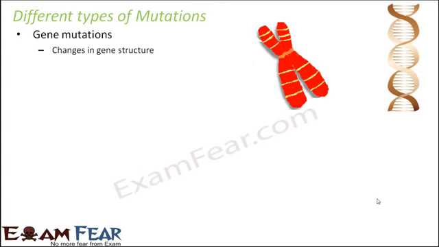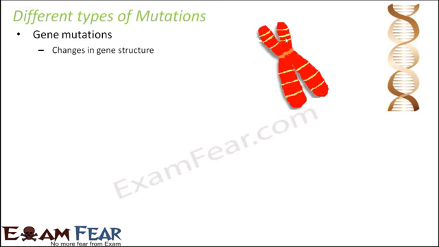When we talk about gene mutation, these are those mutations which take place due to some changes in the gene structure. So here your chromosome is the same. There is no change in the structure of the chromosome, or in the number of the chromosome. That is all perfectly fine. But the gene which is present in the chromosome, there is some change in the gene.